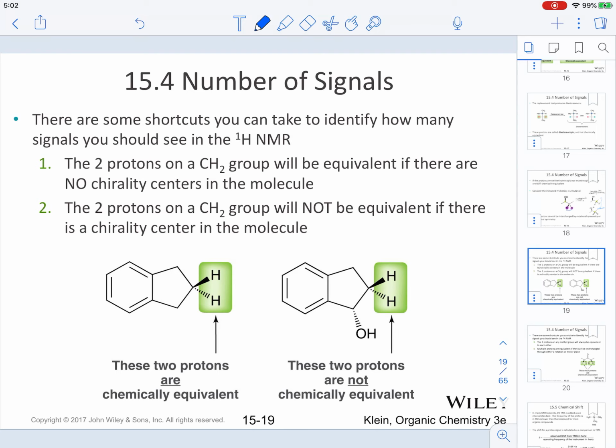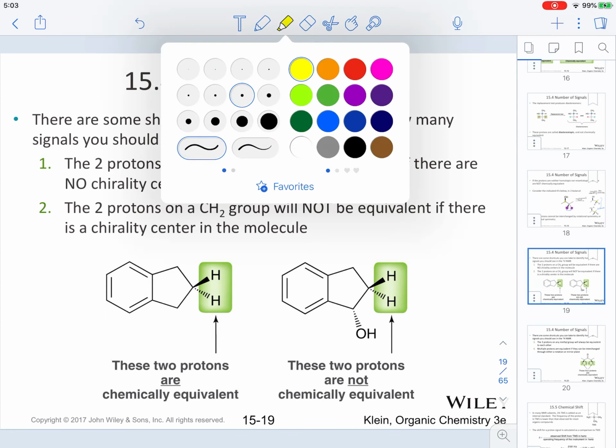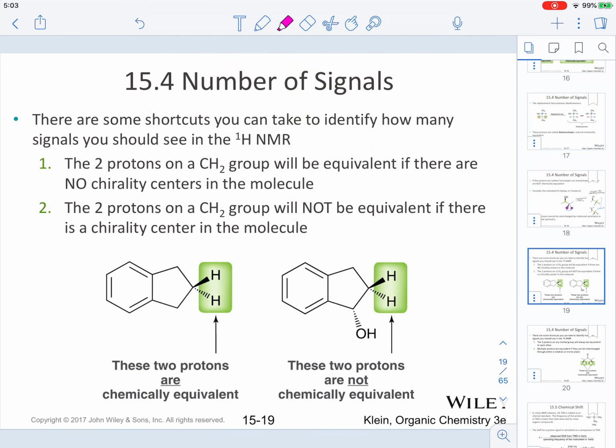In the molecule on the left, the two protons on the CH2 group will be equivalent if there is no chiral center in the molecule. If I highlight in pink this carbon atom that is holding those two protons, they are going to be chemically equivalent because in the beginning it is not a chiral center.